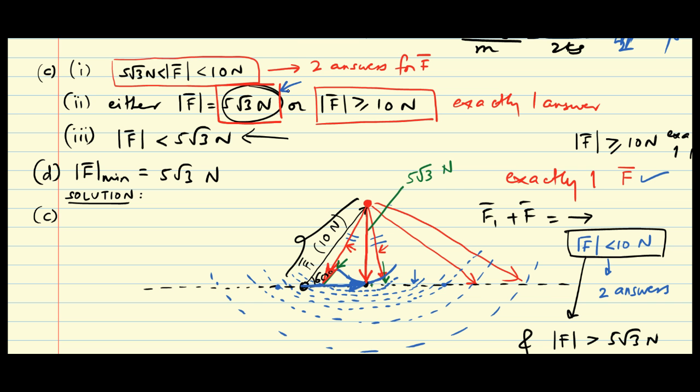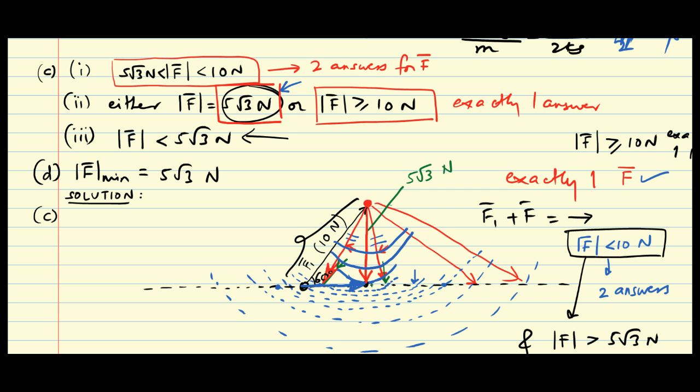Now this process is going to continue. If I draw a circular arc with the same center, that is the red dot, but with a radius even smaller than 5√3 newtons, I have something like this or like this, and you can see that this circular arc is not going to cut the dotted line in even a single point, and therefore it is not possible for the resultant of f1 bar and f bar to be rightward, and hence you do not get any answer for f bar which fulfills the given conditions.